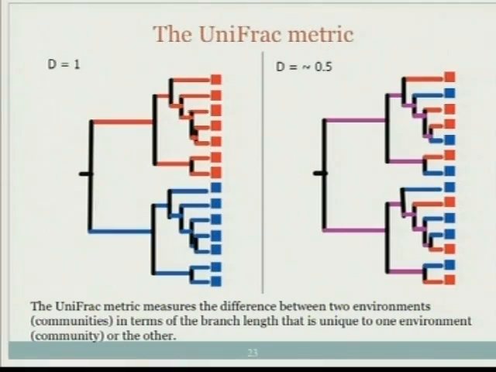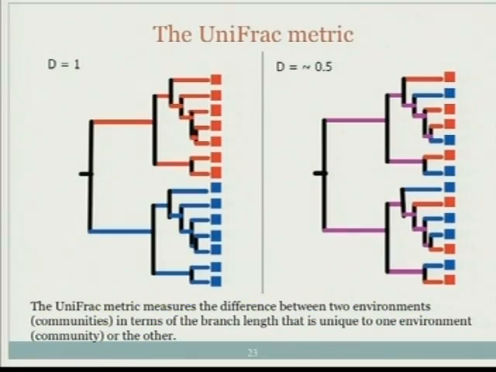So for this UniFrac metric, to calculate it, you need to put everything into one tree, so that you can look at the branches that are unique to one of the communities. Like the one on the left, these two communities, the red one and the blue one, don't share anything.